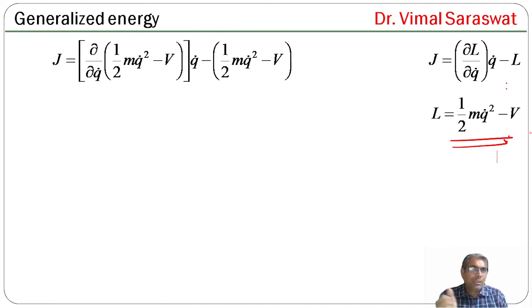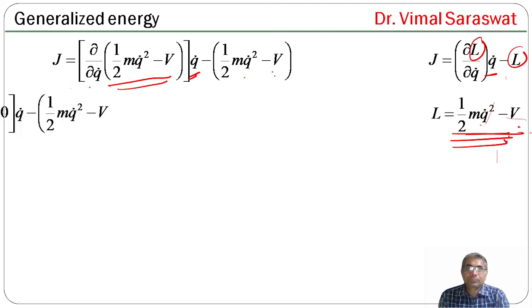Now we replace this L and this L with half m q̇ squared minus V. So J is equal to ∂/∂q̇ of (half m q̇ squared minus V), times q̇, minus (half m q̇ squared minus V).